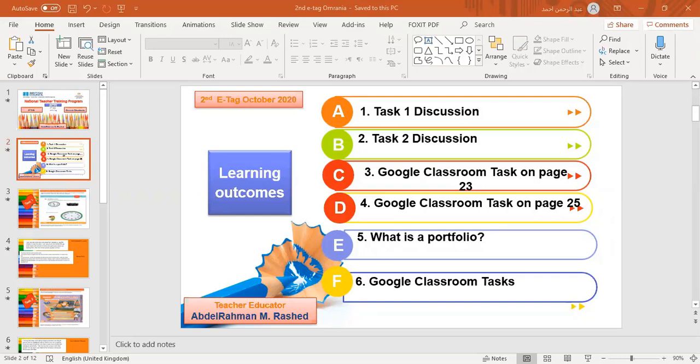After that, we'll go through Google Classroom task on page 23, and we'll have some new ideas related to this task on page 23 and page 25. Finally, we'll see what's meant by portfolio, and we'll give you the task for the next session. So let's start with our first part.